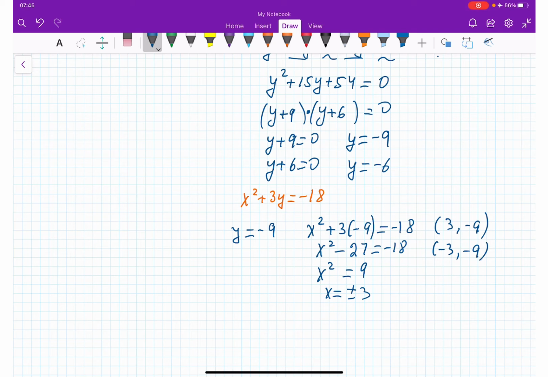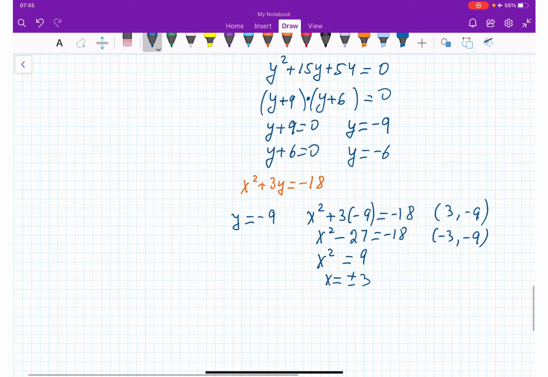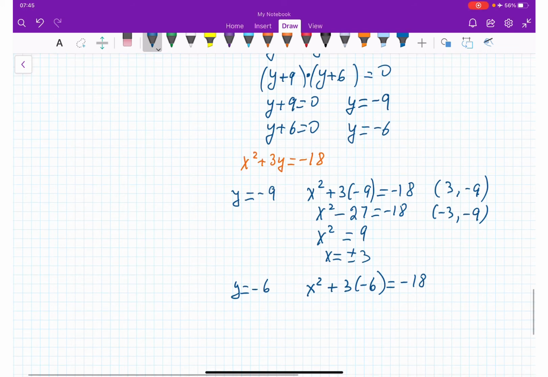Right? Okay. And the other one is negative 6. Y is equal negative 6. So we get x squared plus 3 times negative 6 is equal negative 18. So we get x squared minus 18 equal negative 18. This is nicely gone, right?